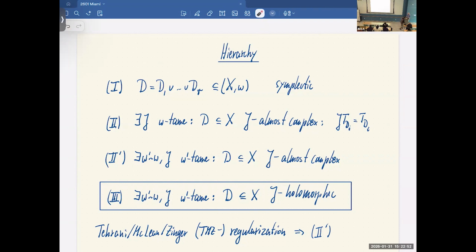But that is in a slightly more involved picture than what I'm going to do. And part 3 is the result I was just stating. Tehrani, McLean, Zinger imply part 2.